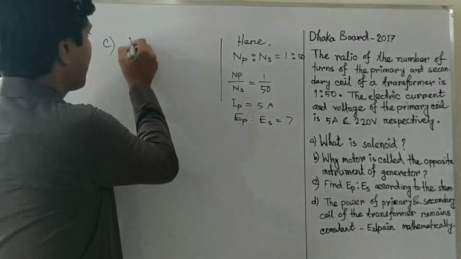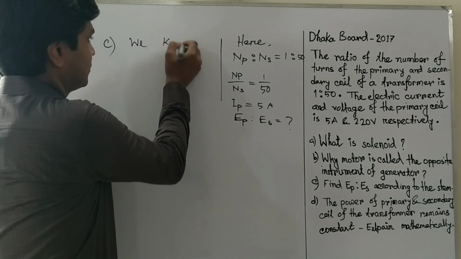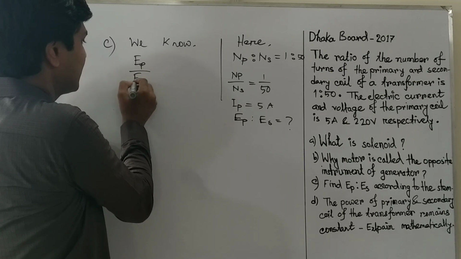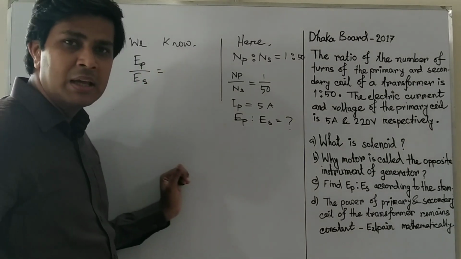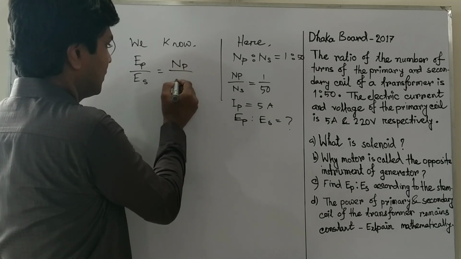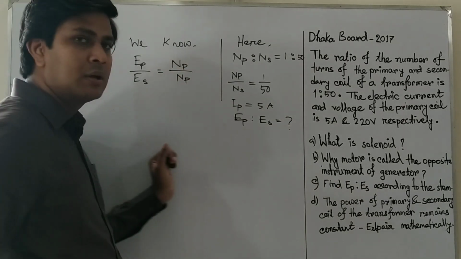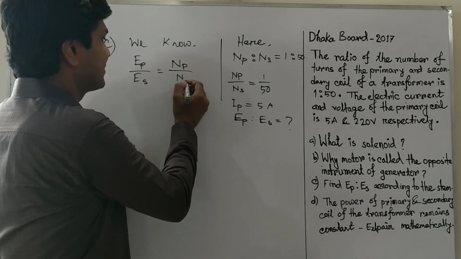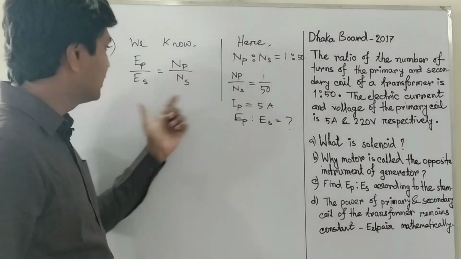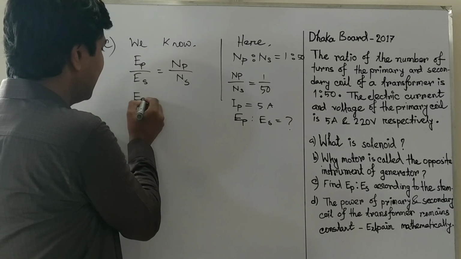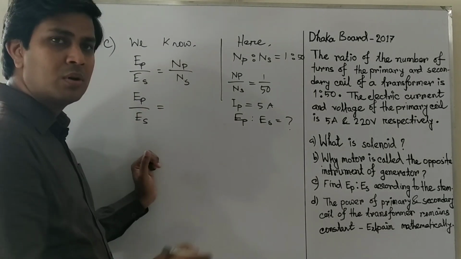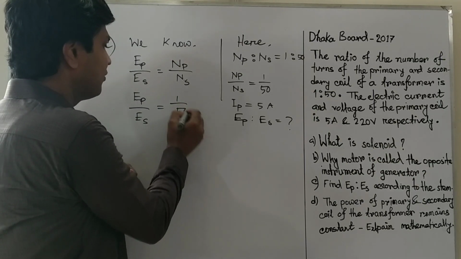We know EP by ES equals NP by NS. If we put the value of NP by NS from here, then we can write EP divided by ES equals 1/50.